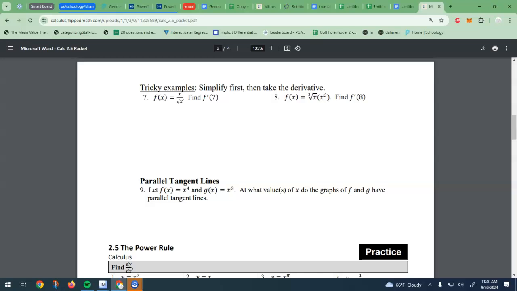So now my job is to take the derivative, so f prime of x, so bring down the power, 10/3 times x, and reduce the power by 1. So if I take 1 away from 10/3, it's really 10/3 minus 3/3, so it'll be 7/3.